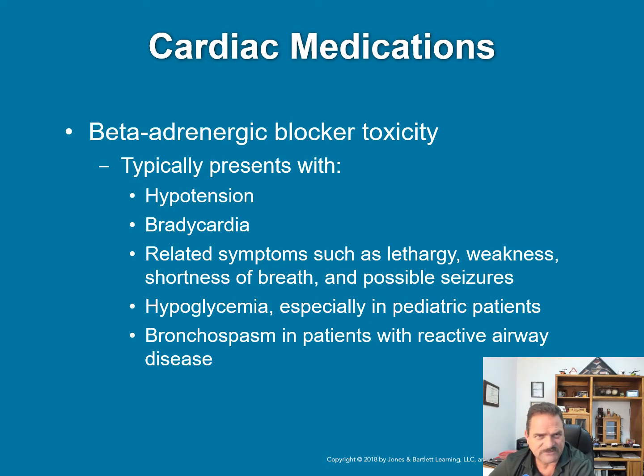Consider fluid boluses for hypotension. IV glucagon is the antidote to beta-adrenergic blocker toxicity. Administer 1 milligram of IV glucagon every 5 minutes. The patient may not respond until at least 6 milligrams have been given, which is a lot. The ED may administer a glucagon infusion after the bolus has been initiated.